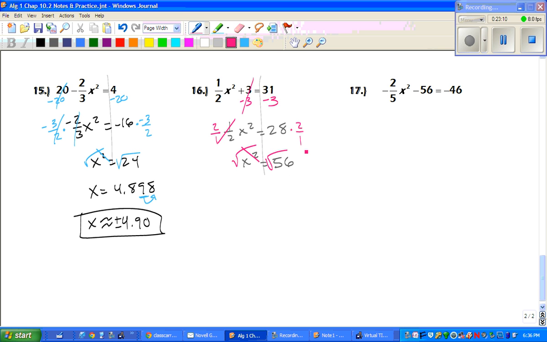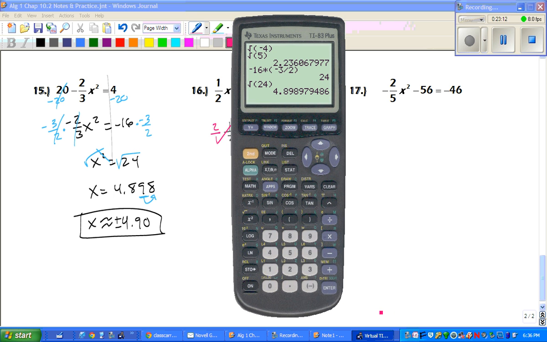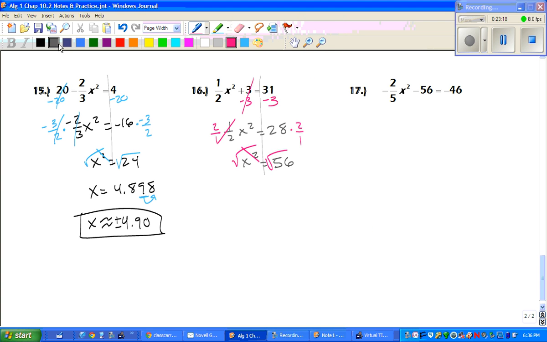And to get rid of the square, we do the square root. So the square root of 56 is 7.483. Okay, we need to round it. So x is approximately plus or minus 7.48.